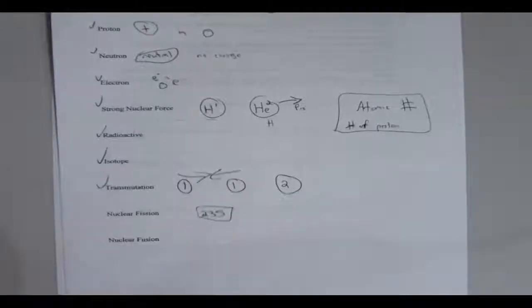The splitting of an atom, particularly of a heavy element such as uranium. Uranium is 235. Into two main parts accompanied by the release of much energy. Okay. So what does that mean?